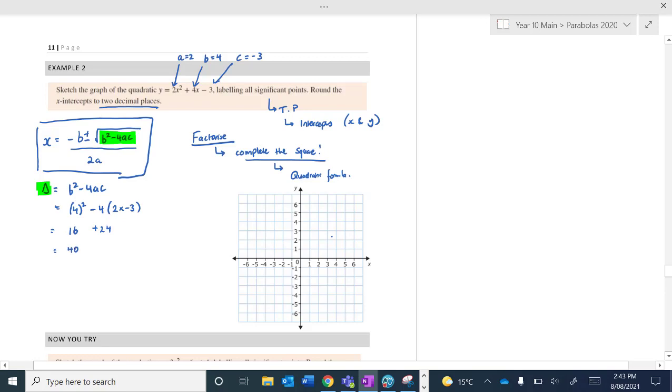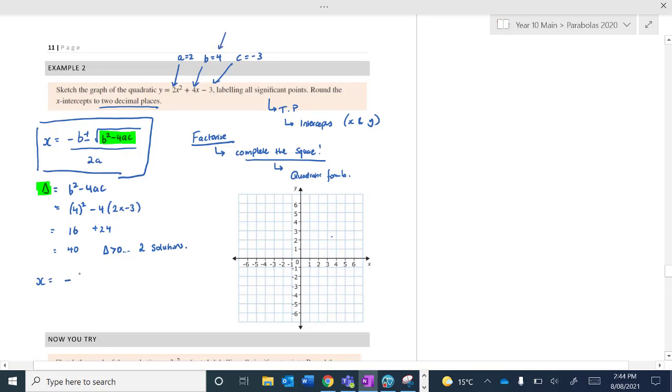Now, because we know that that's not negative, and negative would have no solutions, if it's greater than 0, hopefully you can see that that means there are 2 solutions, or 2 x-intercepts.